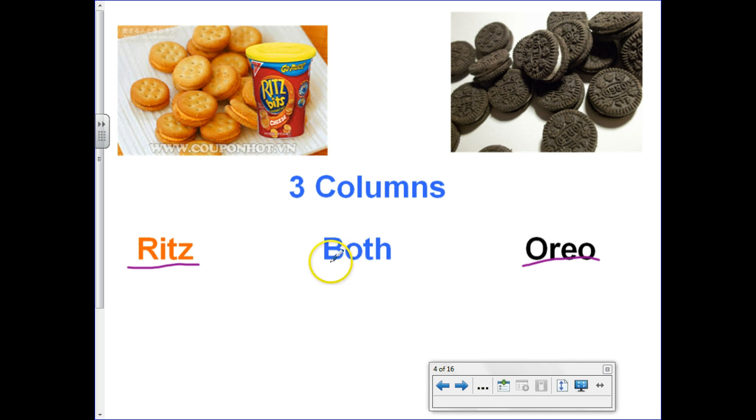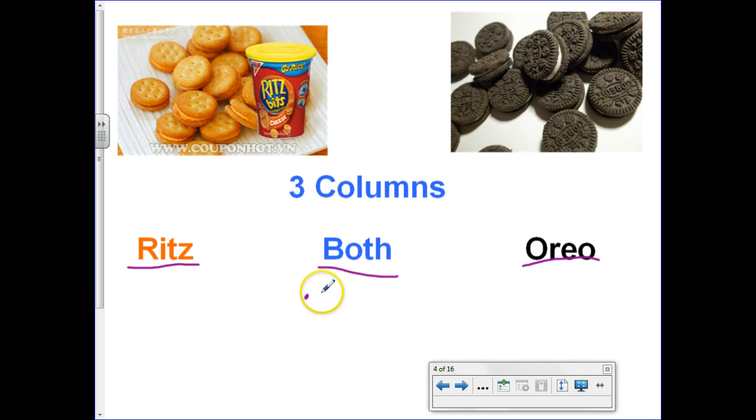Now what I'm going to have you do in just a minute is pause the video, and I want you to generate a list of characteristics that, as you look at these Ritz Bits, things that you could write down characteristics-wise that the Ritz Bits crackers have. Look at these mini Oreos. Think of brainstorming characteristics that these Oreos have. Things that they have in common, I want you to list under this category.